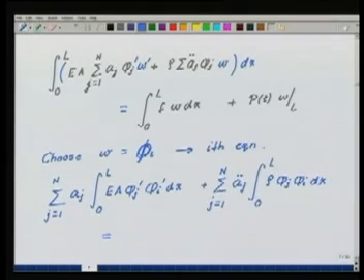This is equal to integral 0 to L f phi I dx plus p into phi I evaluated at L.